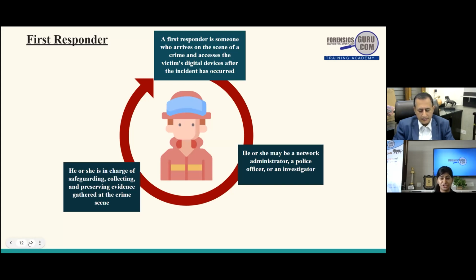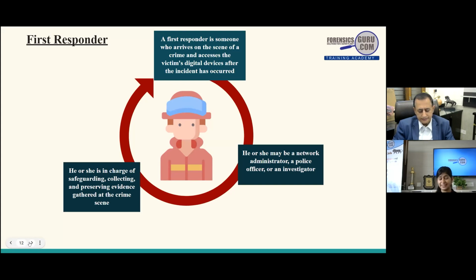As I shared about the first responder, based on the type of crime scene and situation, each incident location or crime scene is visited by basically 4 categories of people. First, the police; second, a fire control team; third, a medical officer or a doctor; and fourth, a forensic scientist, forensic person, or forensic investigator.